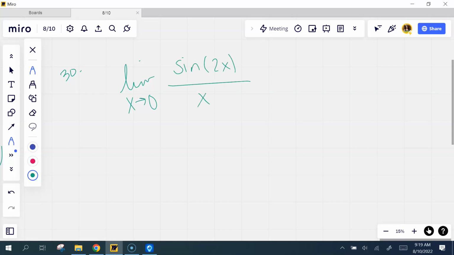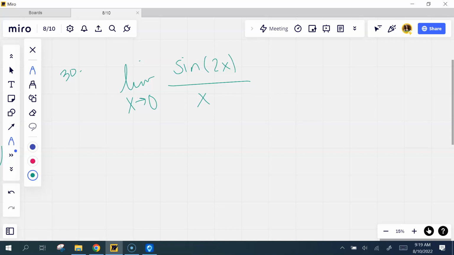I'm asked to evaluate algebraically. No calculator. I can't plug in because I got a 0 on the bottom. So I have to think about some way to manipulate it, some way to write it a different way.